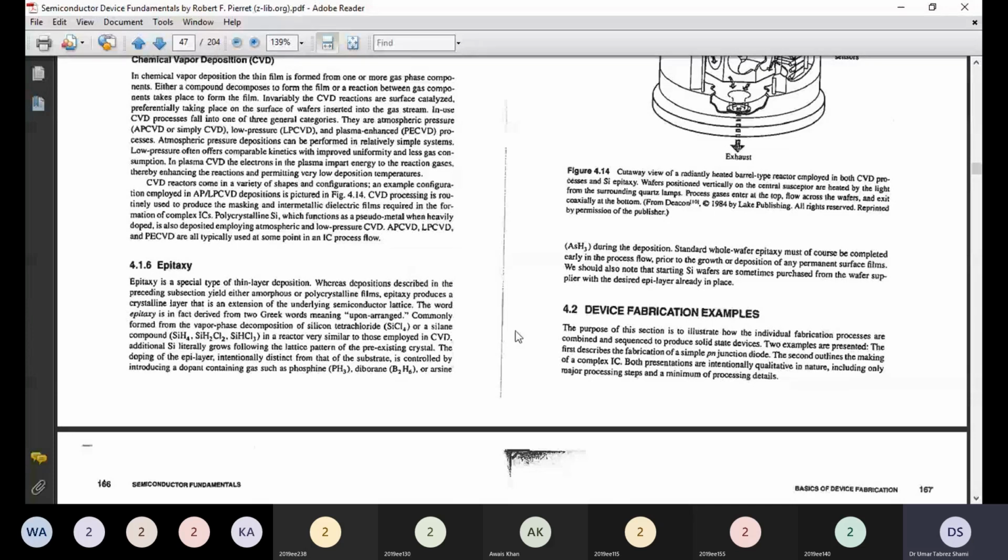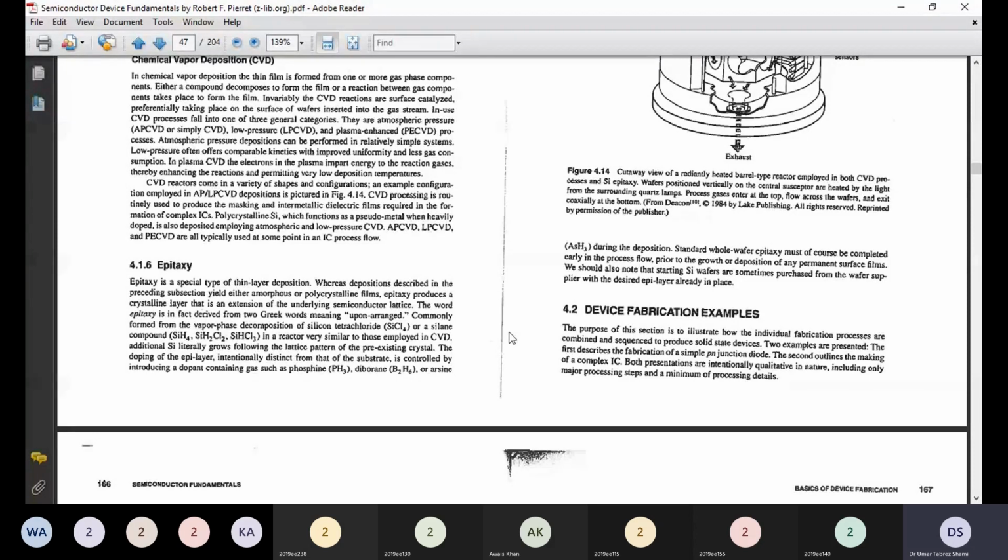The word epitaxy is in fact derived from two Greek words meaning 'upon arranged'. It is commonly formed from vapor phase deposition of silicon tetrachloride or a silane compound in a reactor very similar to those employed in chemical vapor deposition.